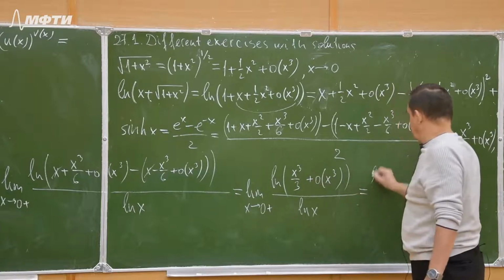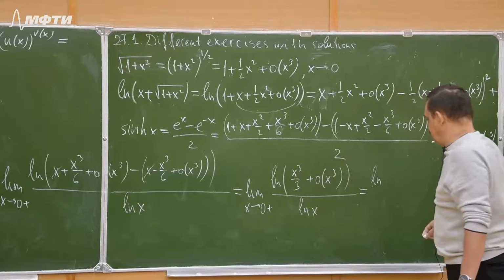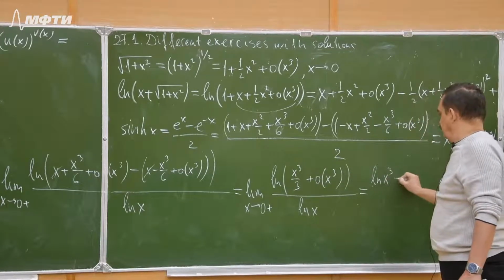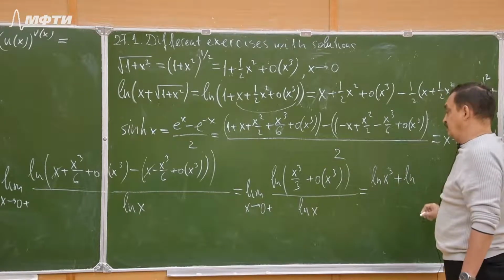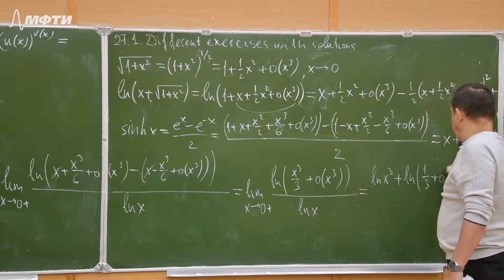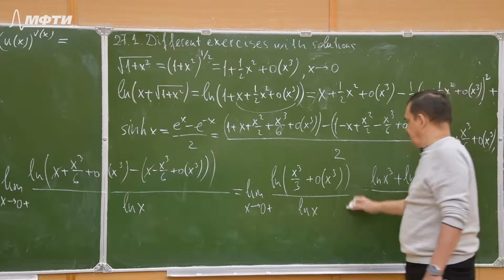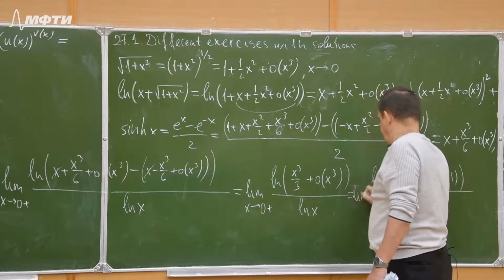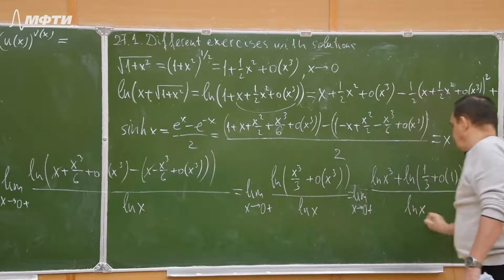I write in detail: logarithm of x cubed times everything else, and then the logarithm of the product is the sum of logarithms, so the logarithm of (1/3 plus little o of 1). Oh, sorry, I forgot the limit. Limit as x tends to 0 plus of logarithm x.